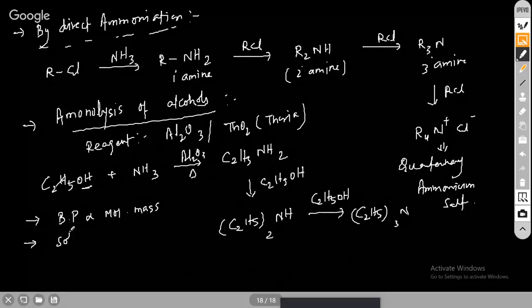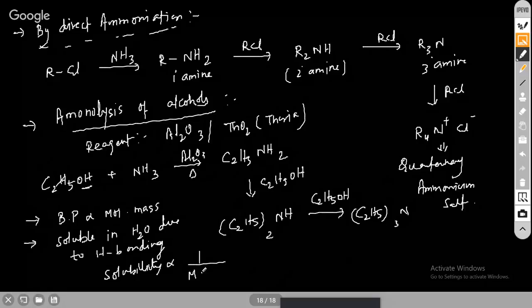Amines are soluble in water due to H bonding. Solubility is inversely proportional to molar mass. These are the few properties we have.